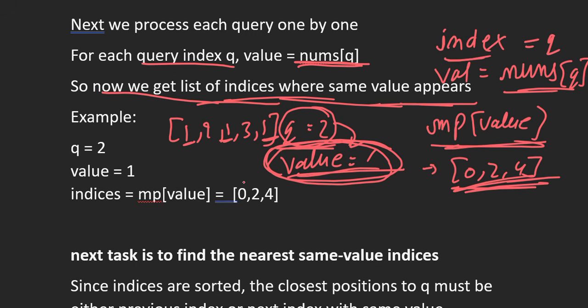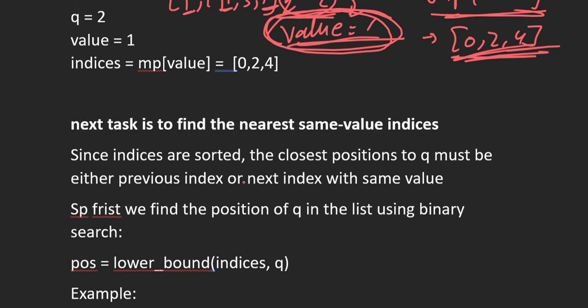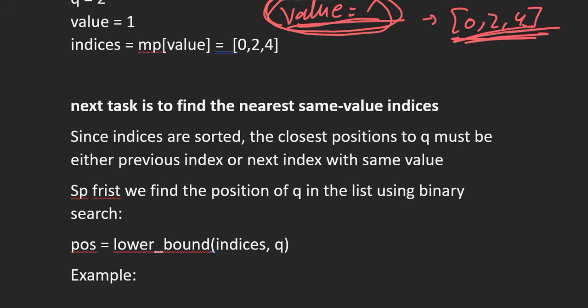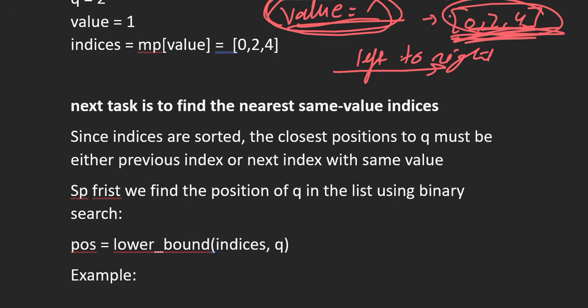Now our next task is to find the nearest same value index, right? And as we have stored all the indexes from left to right, they will be stored in sorted order, right? So now the closest position to index q. Here q is equal to 2.